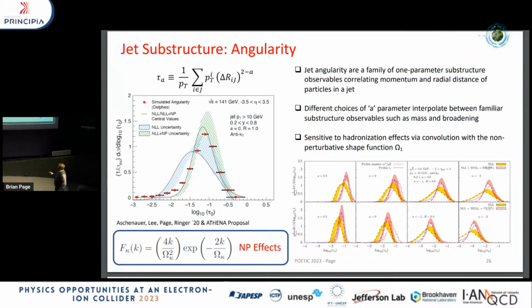You have control of whether you go into or out of a regime where your perturbative corrections matter. And so then you can get a handle on this shape function, which is telling you something about how the non-perturbative aspects of your shower behave.